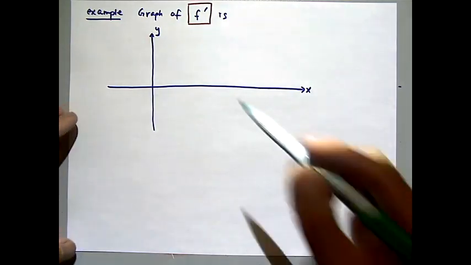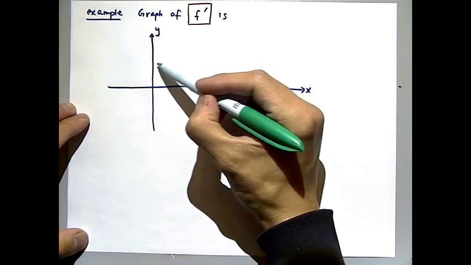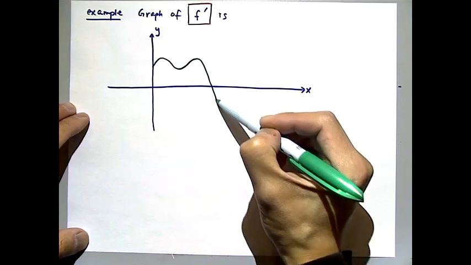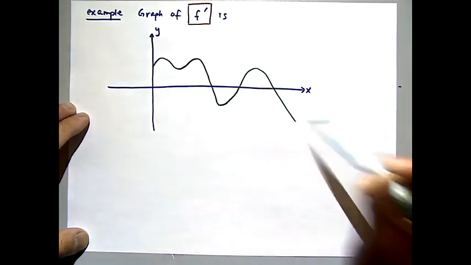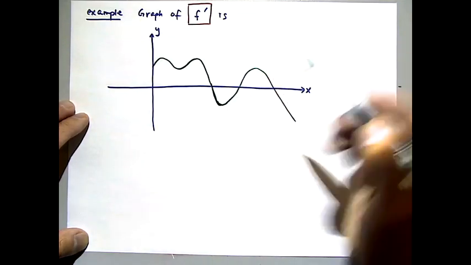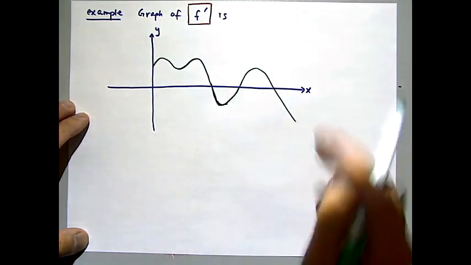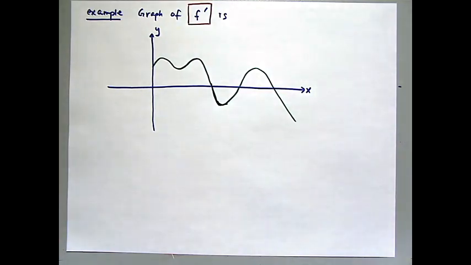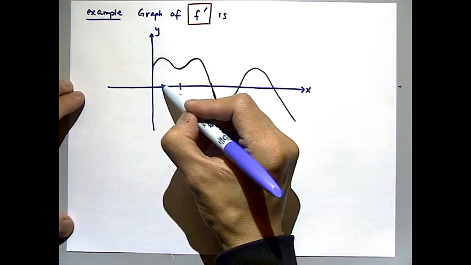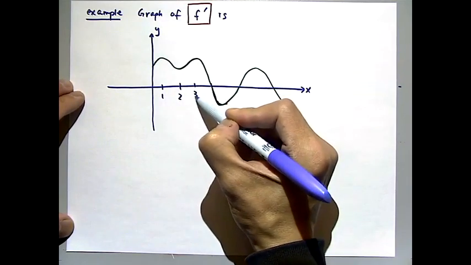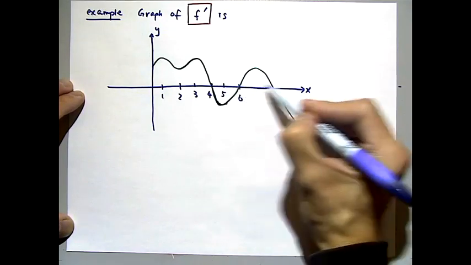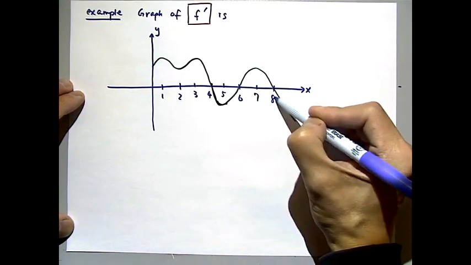I want this to look like this. I want this here to occur at 1, 2, 3, 4, 5, 6, 7, 8. Very simple.